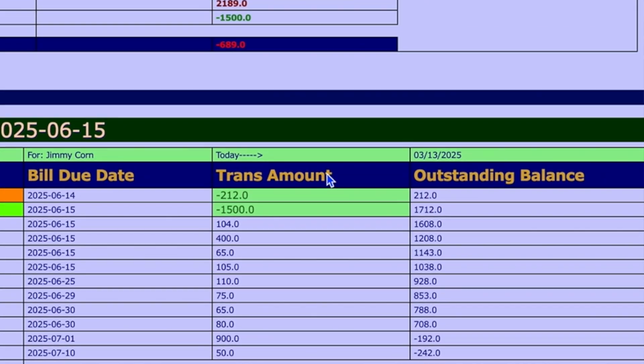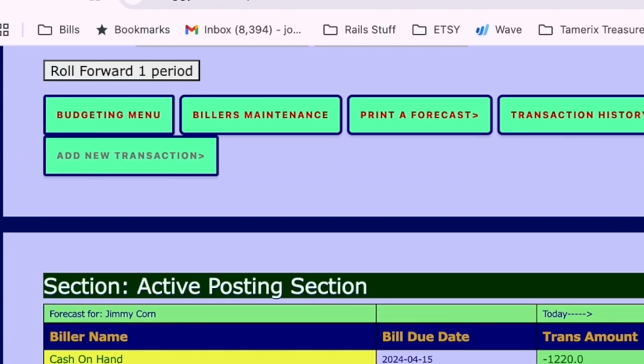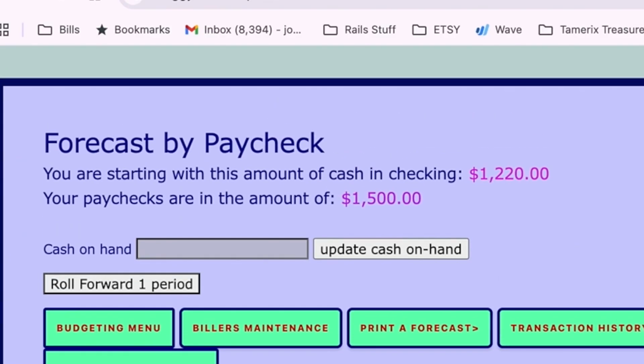And then when we get to June, that's where things are a problem, because our balance actually goes negative once they pay their Xfinity on June 30th. After that, the next one would send them into the negative. So we'd have to give this person some more income, which we can do.